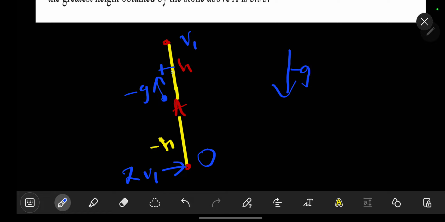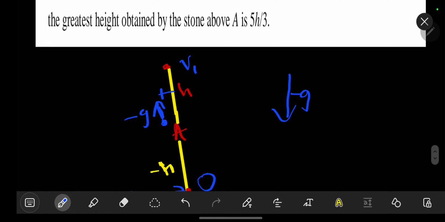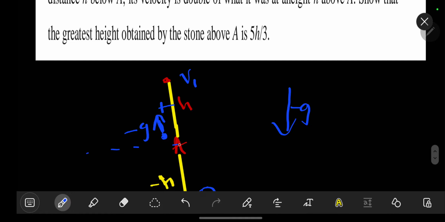So it shall be taken to be negative throughout, regardless of where it is. Even as it begins to fall, it will still be negative. So now let's consider, from the point A going up there, we have our v1 like that.